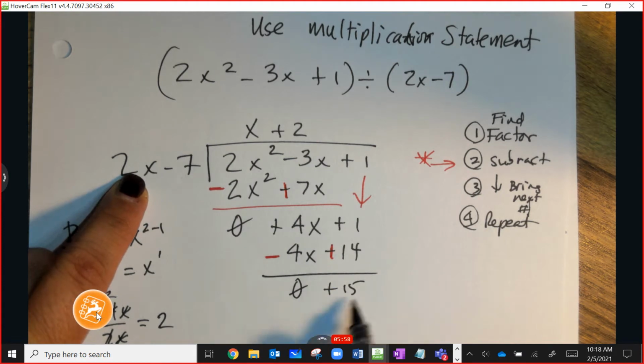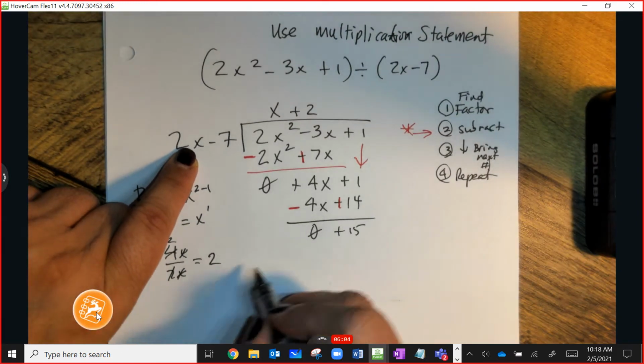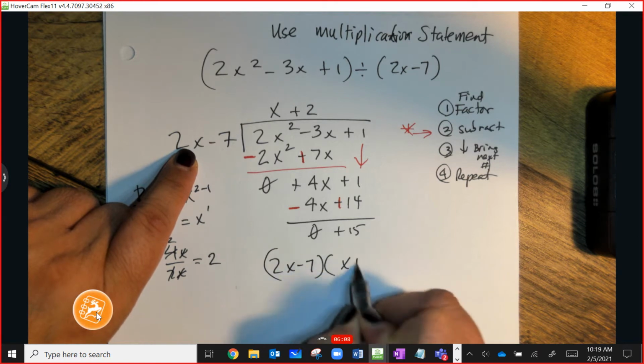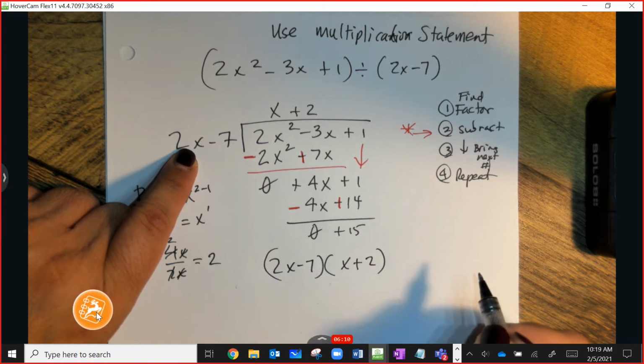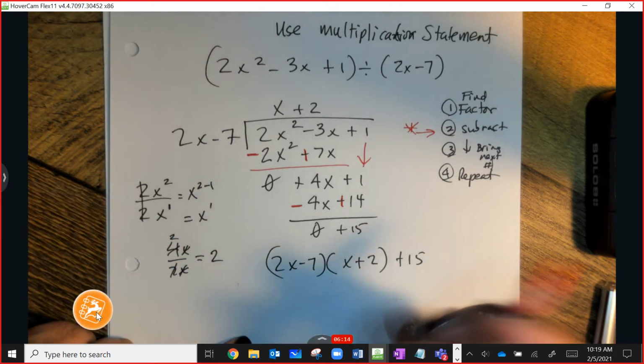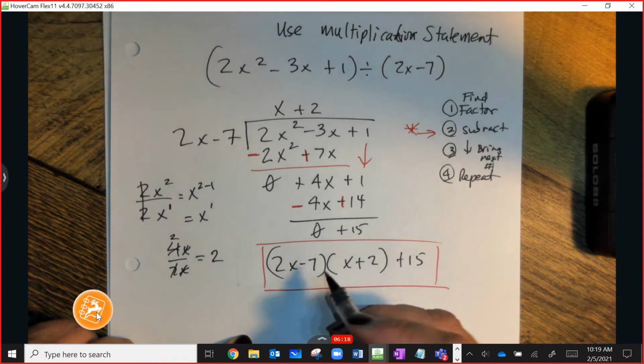Okay, so that's our remainder. We know that. So you're going to write in, let me shrink it so everything's on here, 2x minus 7 multiplied by x plus 2, okay, plus 15. That's how you write the answer. This is a multiplication statement.